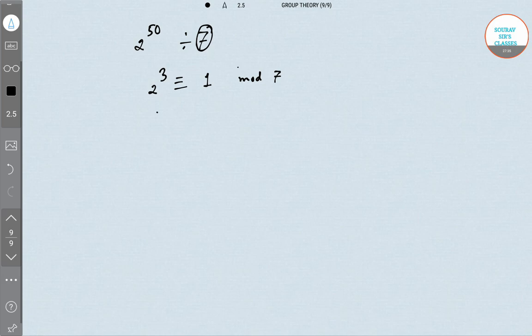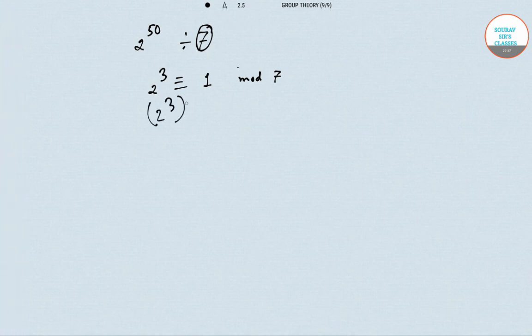I'm giving you another example. 2 to the power 50 is divided by 7. We need to find the remainder. For this, 2 cubed. What is the closest number more than the divisor? That is 8. So 8 divided by 7 leaves remainder 1, modulo 7. So this whole thing to the power 16 leaves 1 modulo 7.